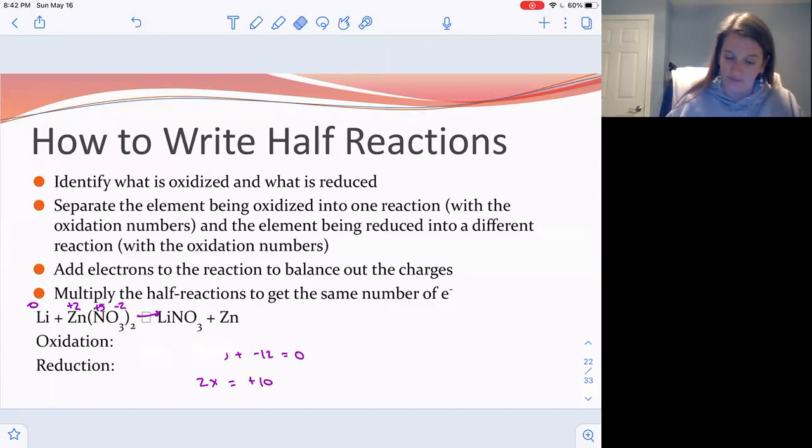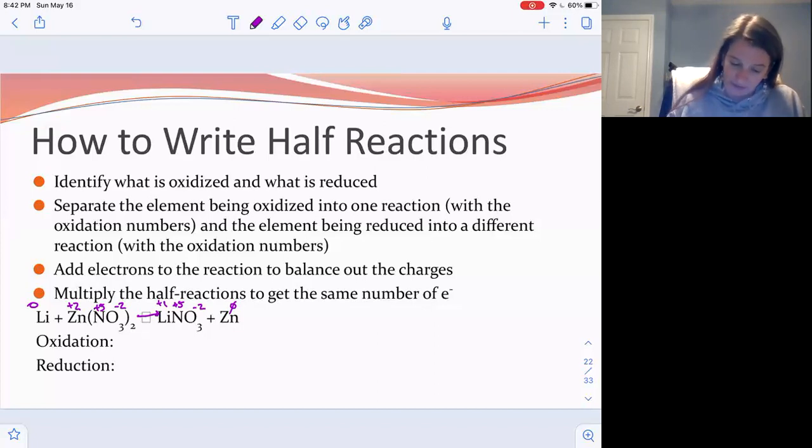Let me erase this down here. So over here on the product side, our lithium is +1. Our oxygen is -2. So this nitrogen in the middle is going to have to be -5, sorry, +5. And the zinc is by itself, so that's 0. So lithium is oxidized. It lost electrons.